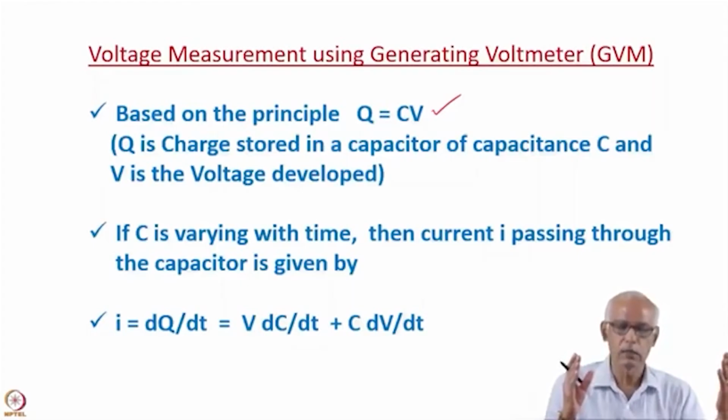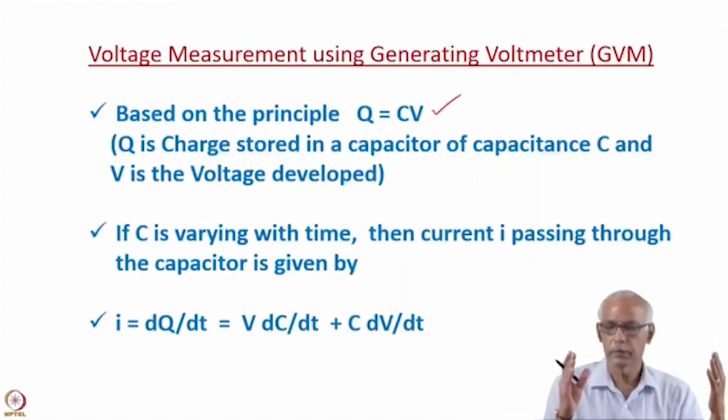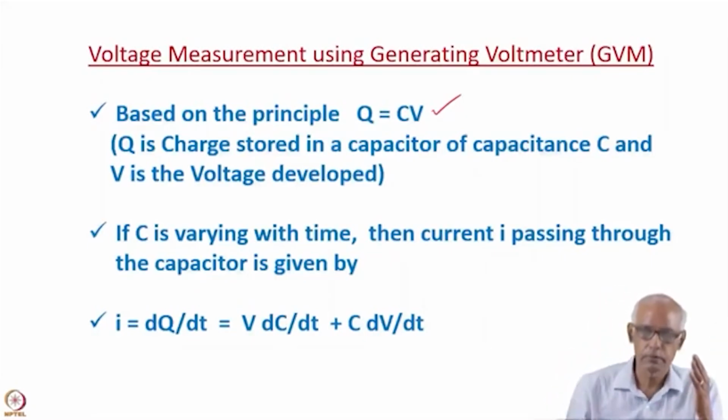Q is the charge stored in a capacitor of capacitance C, and V is the voltage developed across the high voltage terminal.